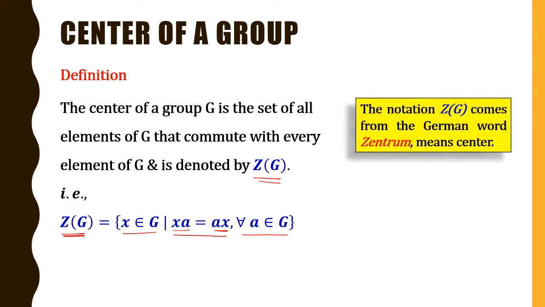Note that the notation Z(G) comes from the German word Zentrum, which means the center.